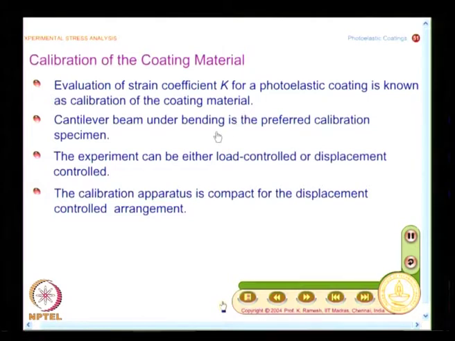And if you look at what is the most preferred calibration specimen, it is a cantilever beam under bending. Later, we are going to study brittle coatings, followed by strain gauges. Photoelastic coating, brittle coating and strain gauges all employ a coating of a different kind on the surface.